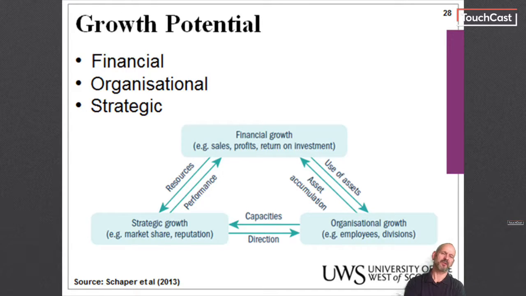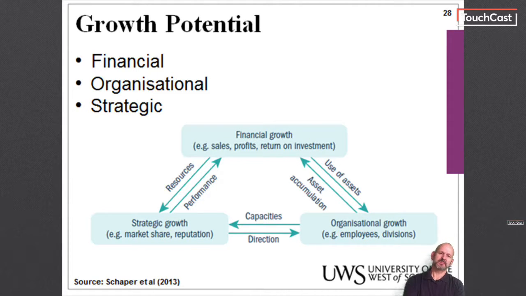And finally, we have strategic growth, and this covers the changes that take place in the way in which the organisation interacts with its environment as a coherent whole. This represents business success in drawing resources from the environment to exploit a presence in the marketplace. Growth will influence the two basic sources of competitive advantage: cost and differentiation.